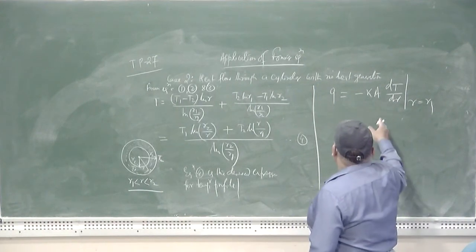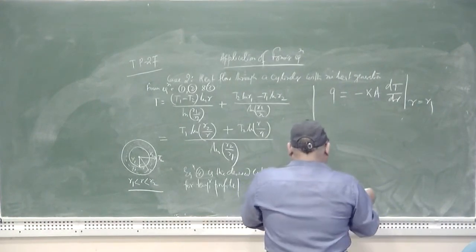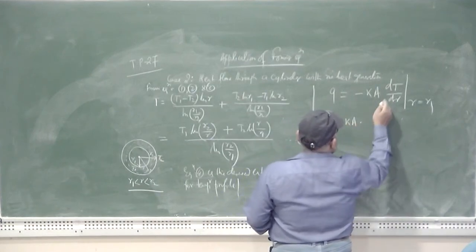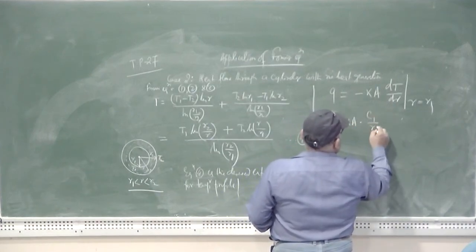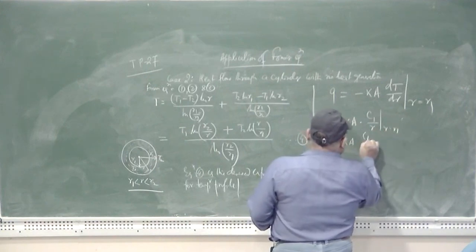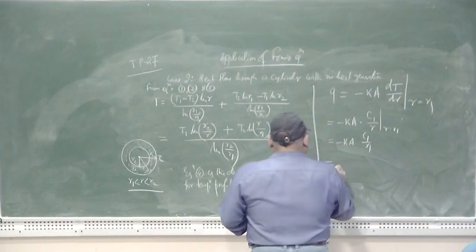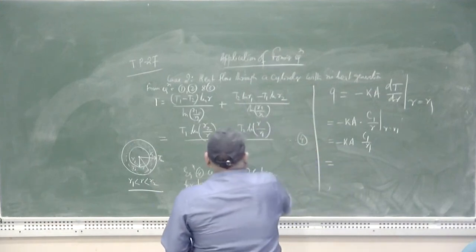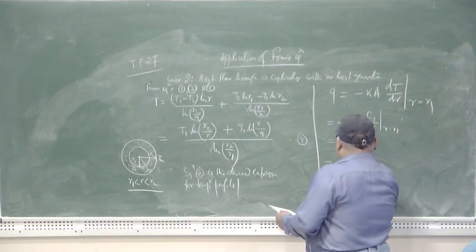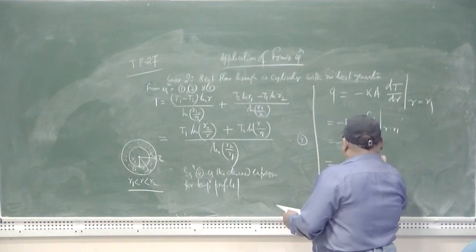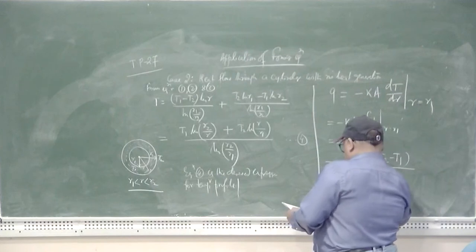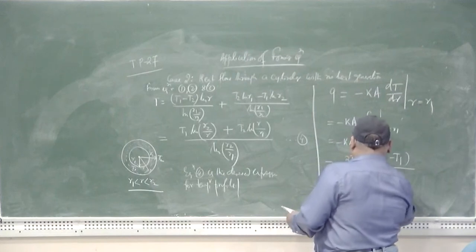So minus KA dT by dr at r is equal to r1, that is equal to minus KA C1 upon r1. If you go through all the necessary steps, you will find that it will come as minus 2 pi KL into (T2 minus T1) divided by log R1 by R2.